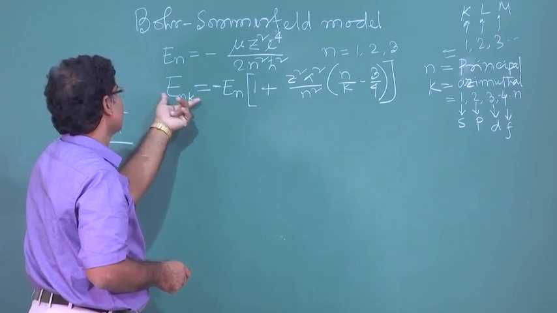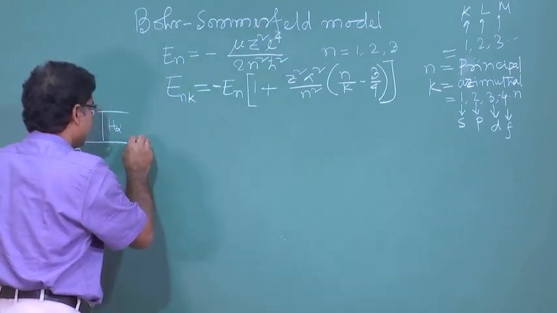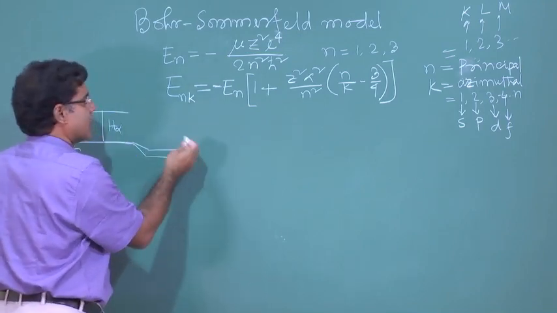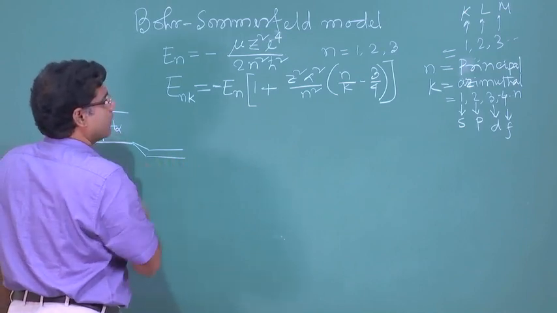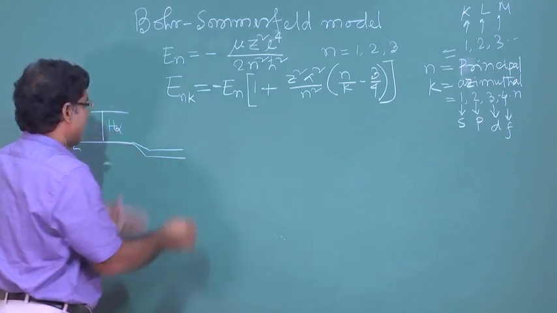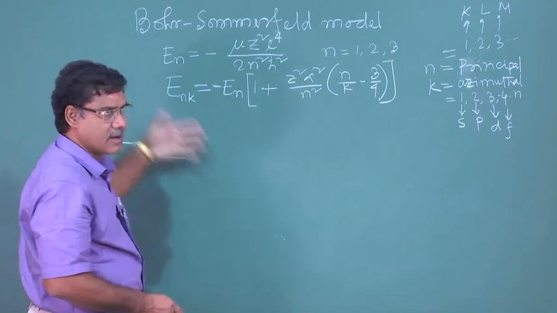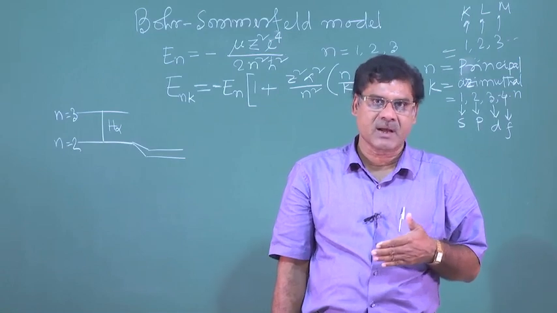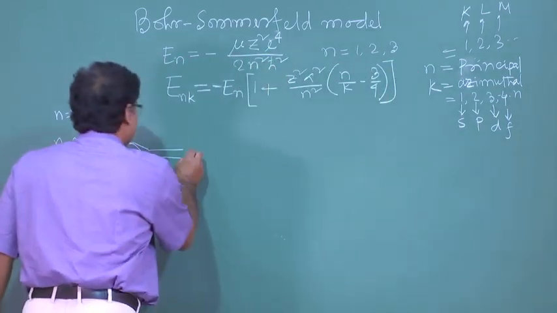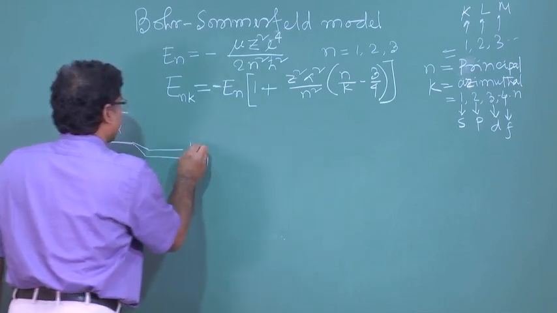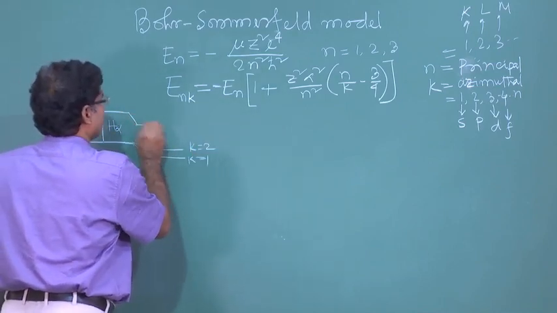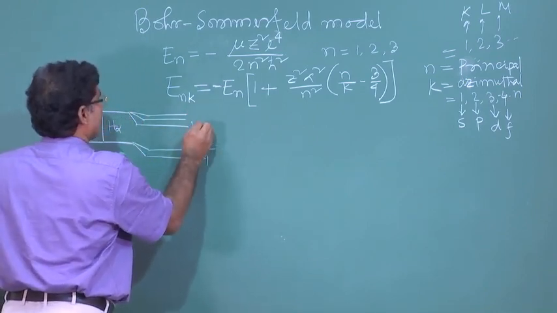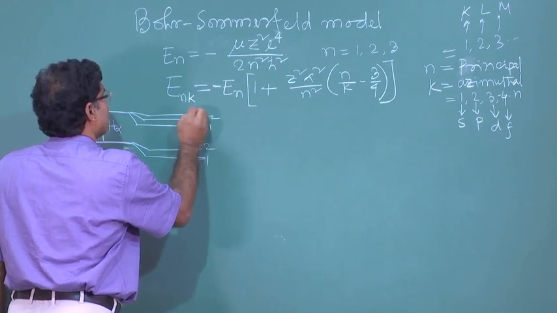Now if we use this energy, each energy level will be split. For n equal to 2, k equal to 1 and 2, so there will be 2 levels, and energy generally decreases, means becomes more negative. Similarly for n equal to 3 there are 3 energy levels, k equal to 1, 2 and 3.